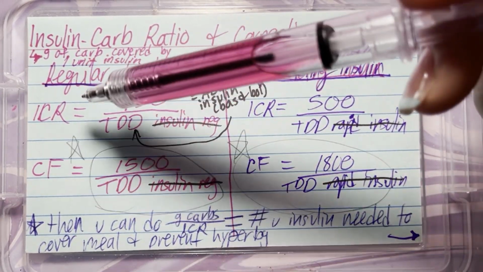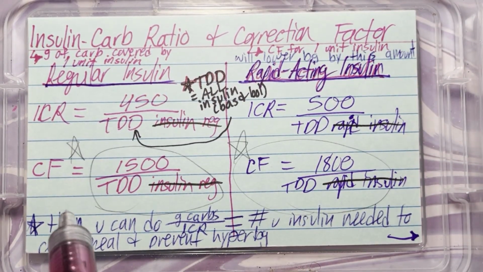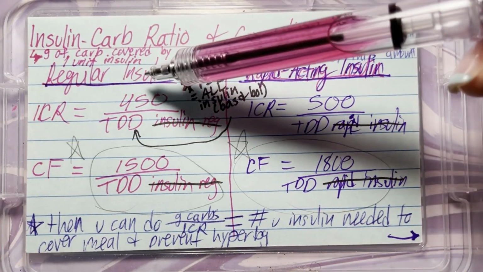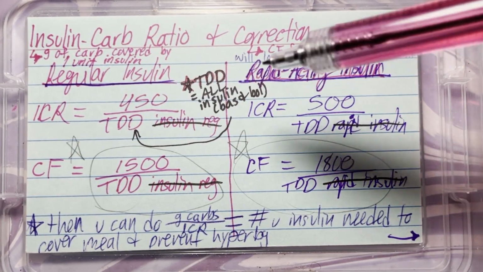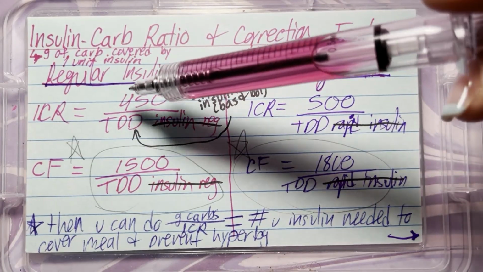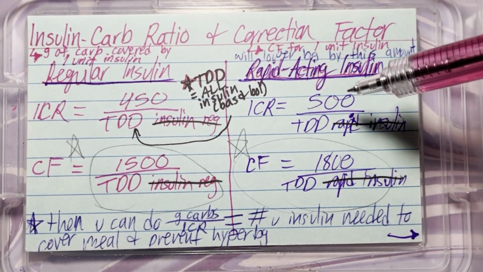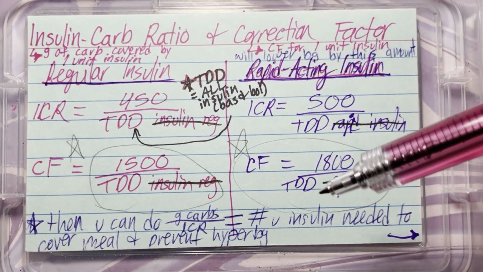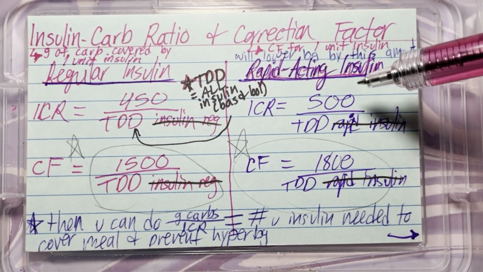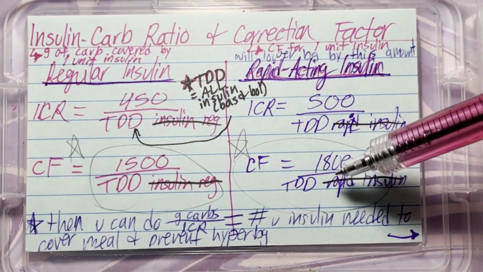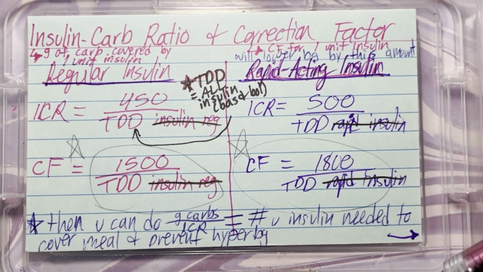So for ICR, I kind of remembered this as a chart as well. Regular is on the left, rapid is on the right. Regular: ICR 450, correction factor 1500. Rapid acting: ICR 500, correction factor 1800.